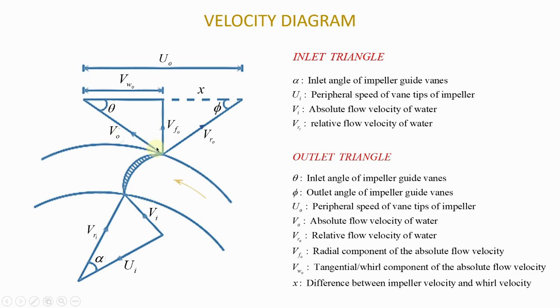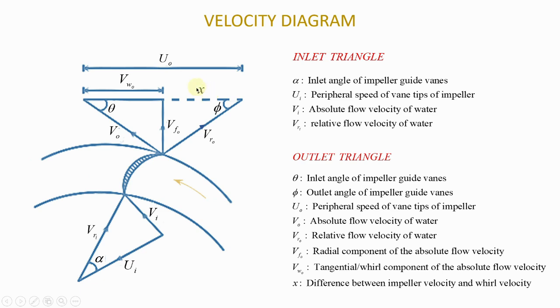As you can see, this is a right angle triangle, so the tangential component is VWO, and the radial component is VFO. So you must know that VFO is the radial component of the absolute flow velocity, and VWO is the tangential or wheel component of the absolute flow velocity.